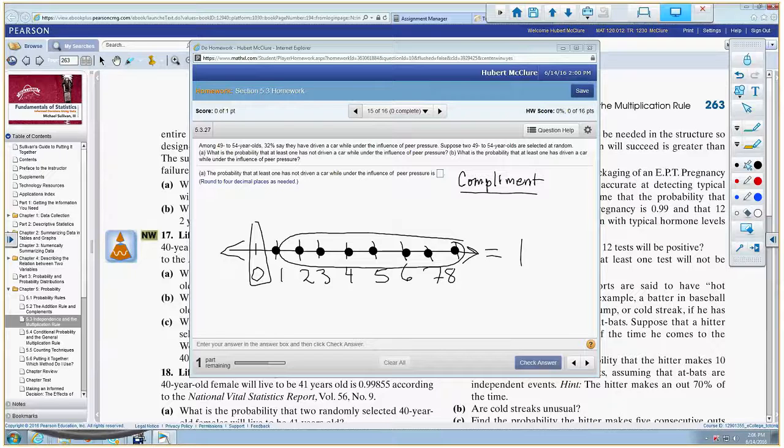So what does that mean? Just take out 100%. That's the complement. What would the complement of 32 be? 68%. Y'all don't work too hard on the calculator with that. So write that down. 32% say they have driven a car drunk because of peer pressure, and 68% have what? Not.